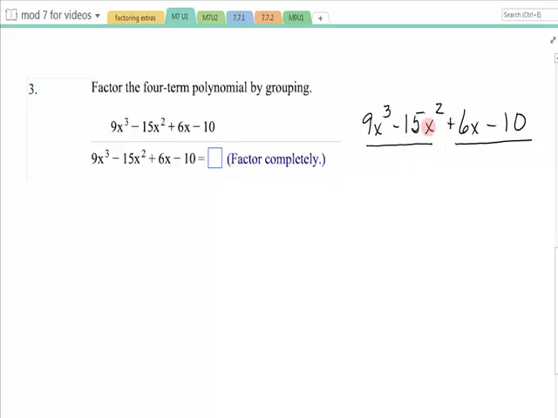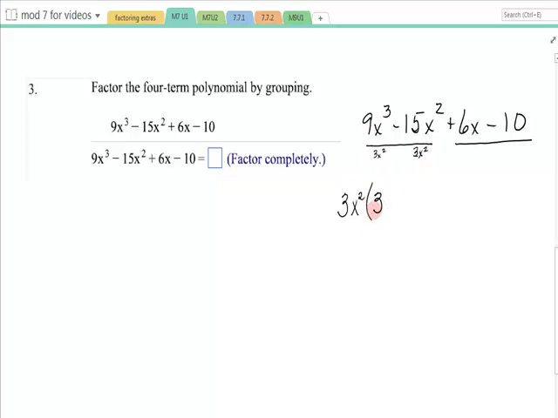In this first little 2-termed group, what will go into 9 and 15? The answer is 3. And they both have x's. I can take only the low power, so x to the second. And I said I wasn't going to write this out, but I changed my mind. I'm doing it. What will that leave us?